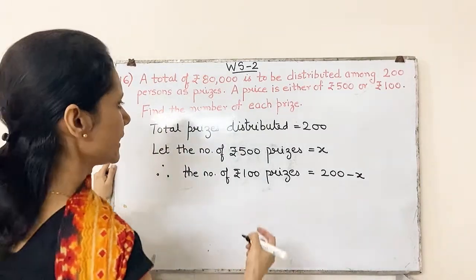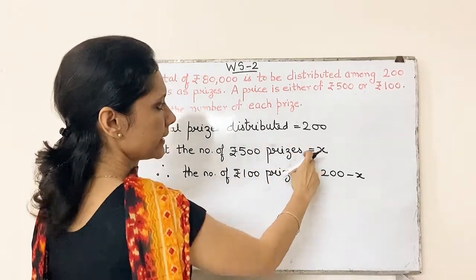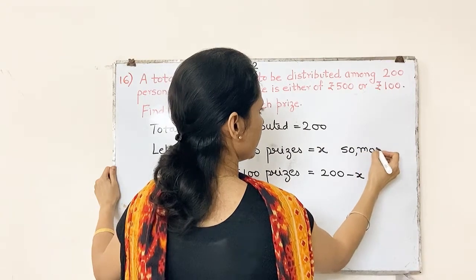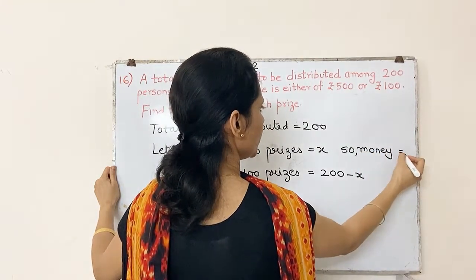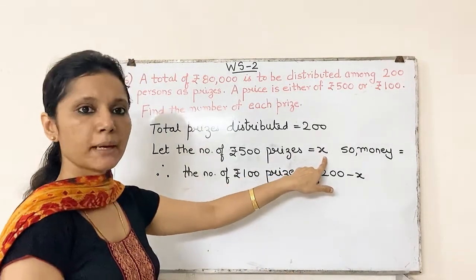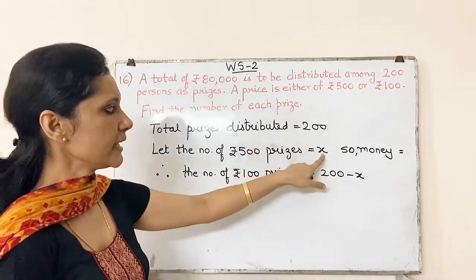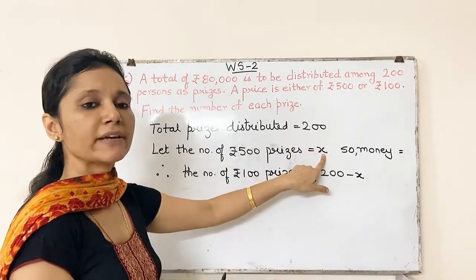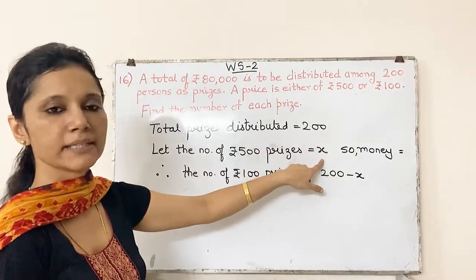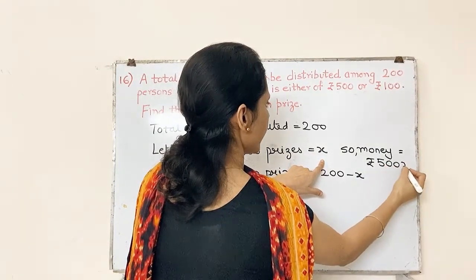Now what they are saying is, if the 500 rupee prizes are x, that means the total amount would be equal to, as we did, the total number of notes multiplied by the type of notes. Similarly, if the number of 500 rupee prizes are x, that means the total amount would be 500 multiplied by x, that is rupees 500x.